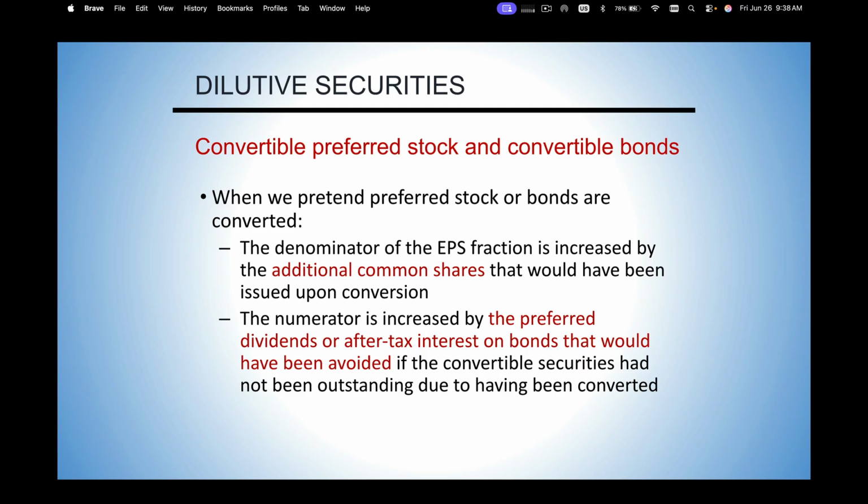So you don't have to pay that preferred dividend. Income available to common gets higher. Or the interest expense that you would not have to pay on the bonds, you would have higher income, but then you would also have higher income tax. And so we have the after-tax effect of adding the interest back. And again, I'm going to show you an example.